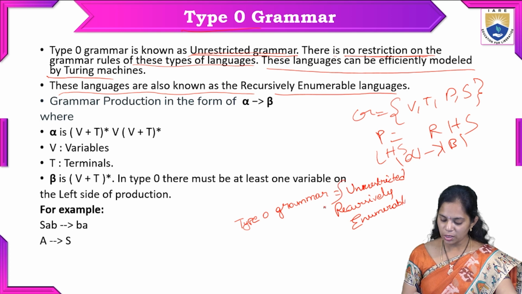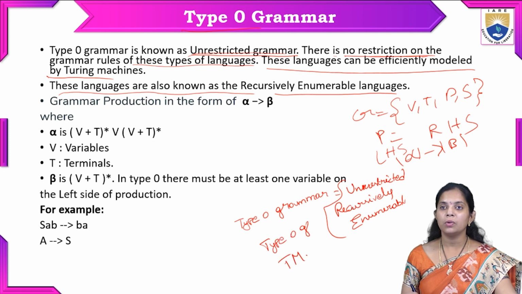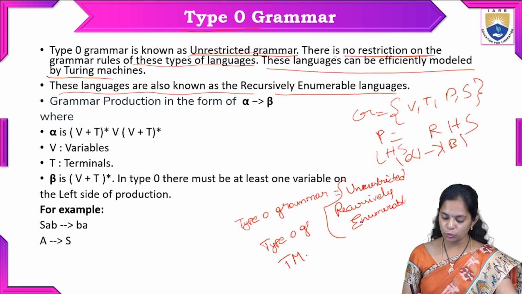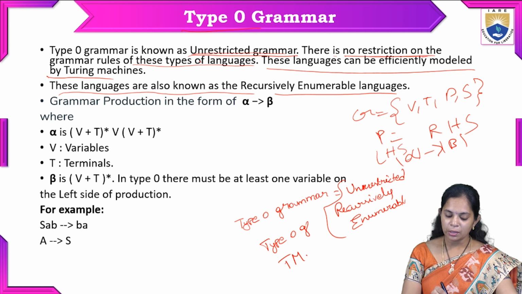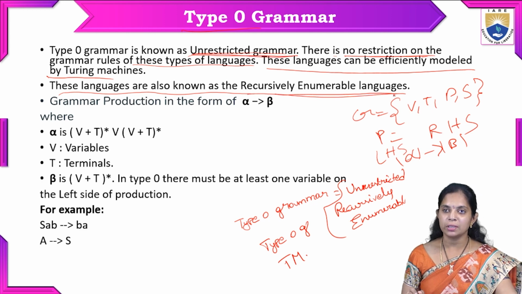So these are two names for the type 0 grammar, and that is nothing but the Turing machine. One is the unrestricted grammar and the other is recursively enumerable languages. These languages are named as recursively enumerable languages.